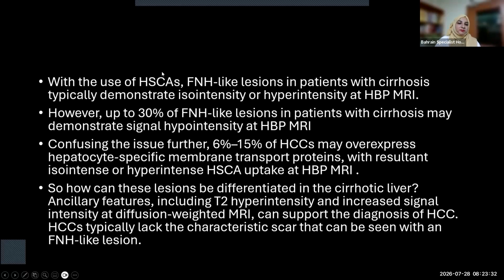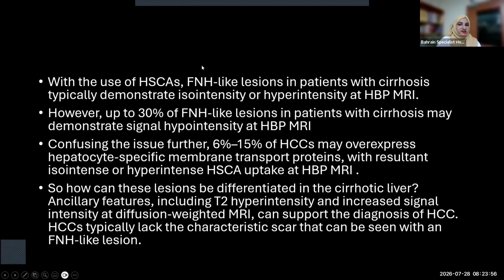With the use of hepatocyte-specific contrast agent that I introduced in MRI, these lesions in patients with cirrhosis typically demonstrate bright or similar enhancement to that of the background liver because they contain hepatocytes and the background liver also contains hepatocytes. So this contrast agent is taken up by these two areas, the background liver parenchyma and the FNH itself.